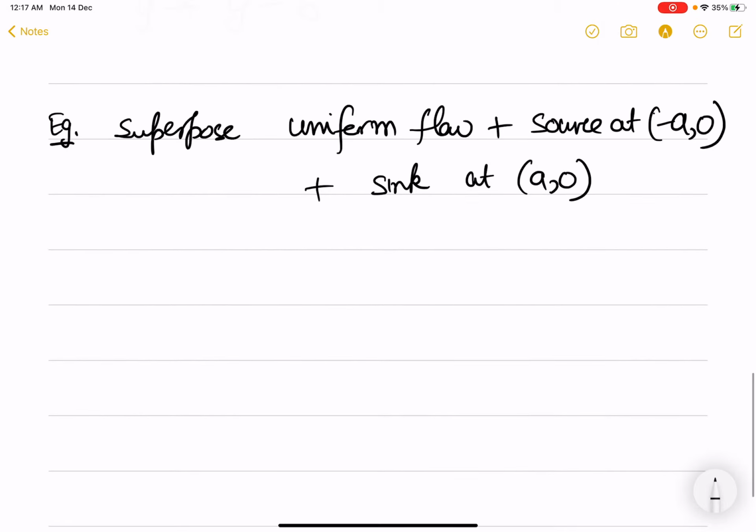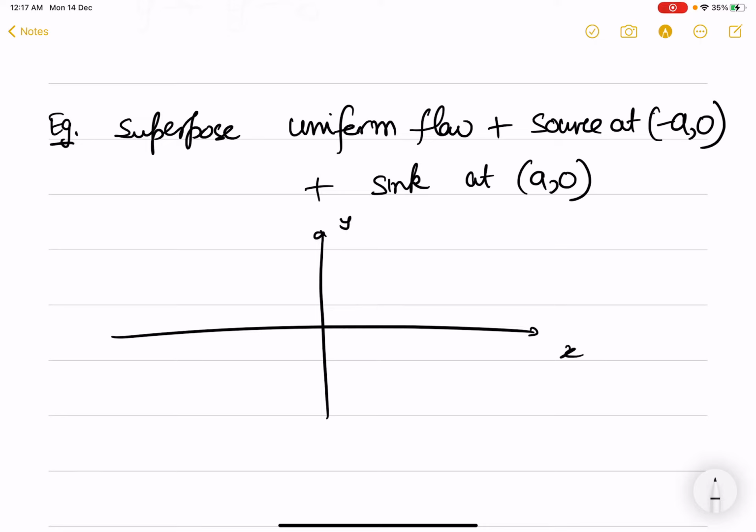So now let's try to just draw this. This is our coordinate axis. And what we have is a uniform flow that will look like this.